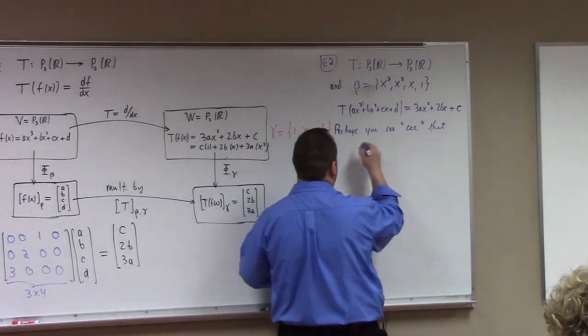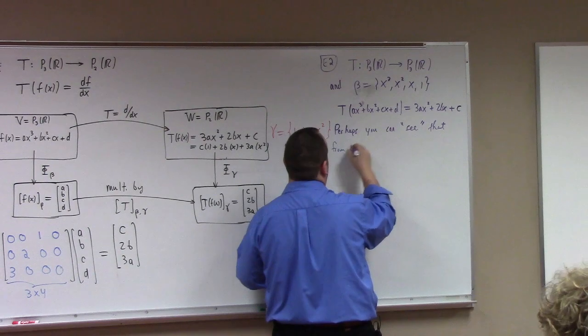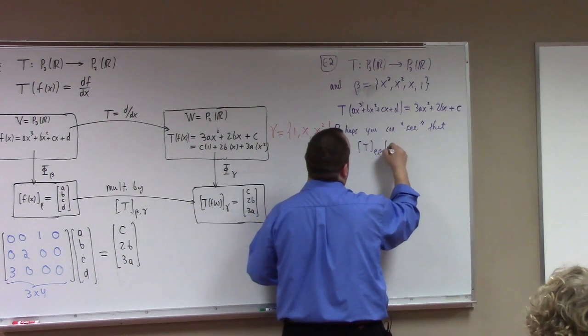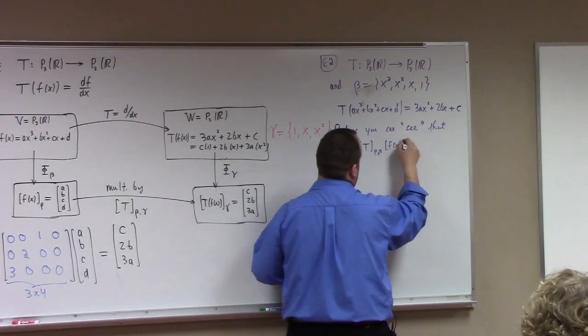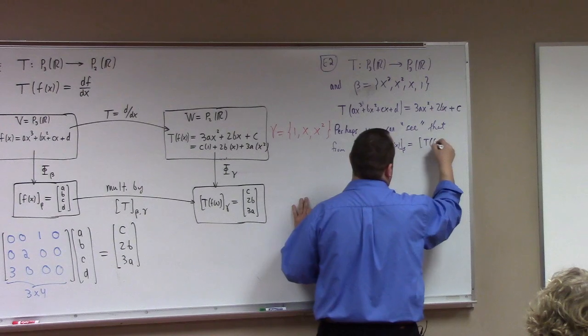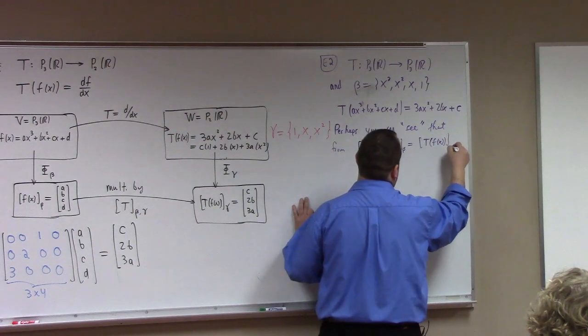The matrix of T with respect to the beta basis, times the coordinate of f of x, is equal to the coordinate of T of f of x.